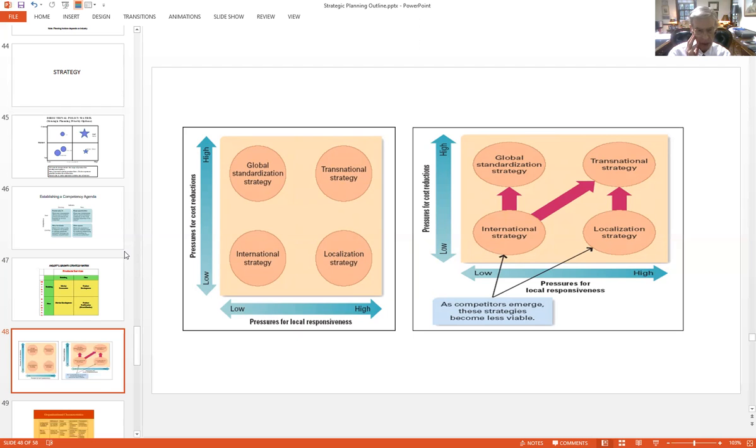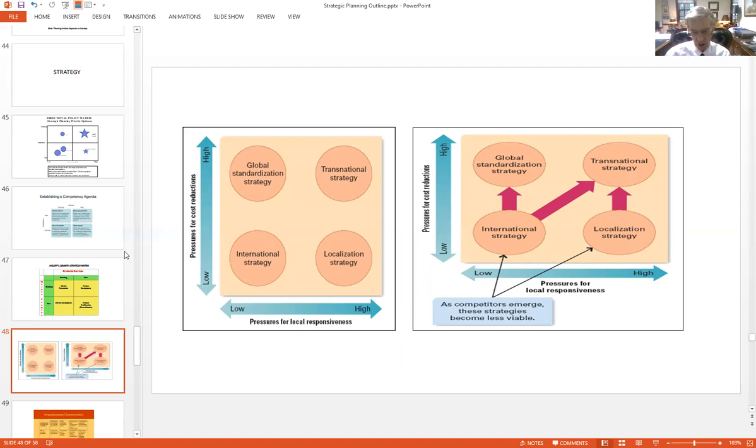So it's like an amoeba. It's a one-celled system with lots of component parts and a single nucleus, which is the headquarters. The international strategy has lots of amoebas and there are lots of little bugs, and the bugs are identical to each other, and they go wherever they want to go in the world.